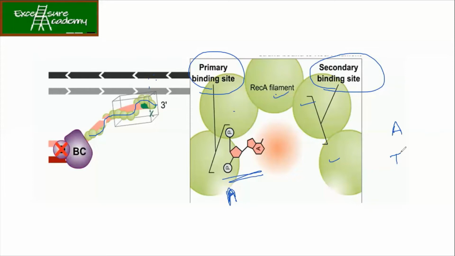Are you following? It is going to search where the sequence of this is going to match over here. So what will happen? This pink and the black strand will come in the complementary sequence. Are you able to follow?